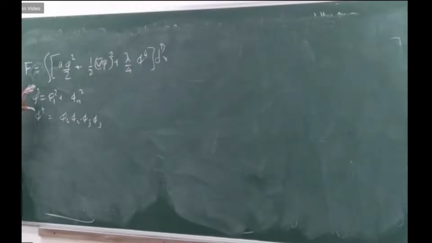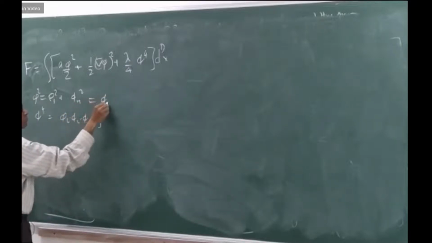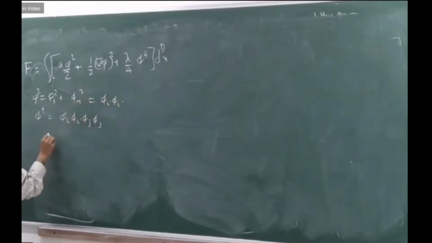So that's the n vector generalization, and the gradient would be del i phi j, del i phi j. But all that changes is the combinatorics, without changing the philosophy of things.